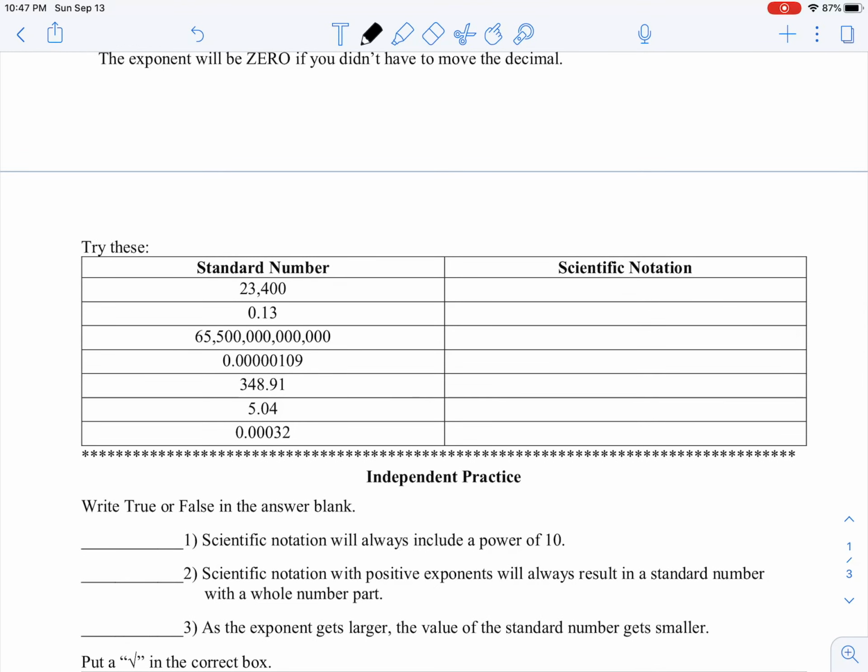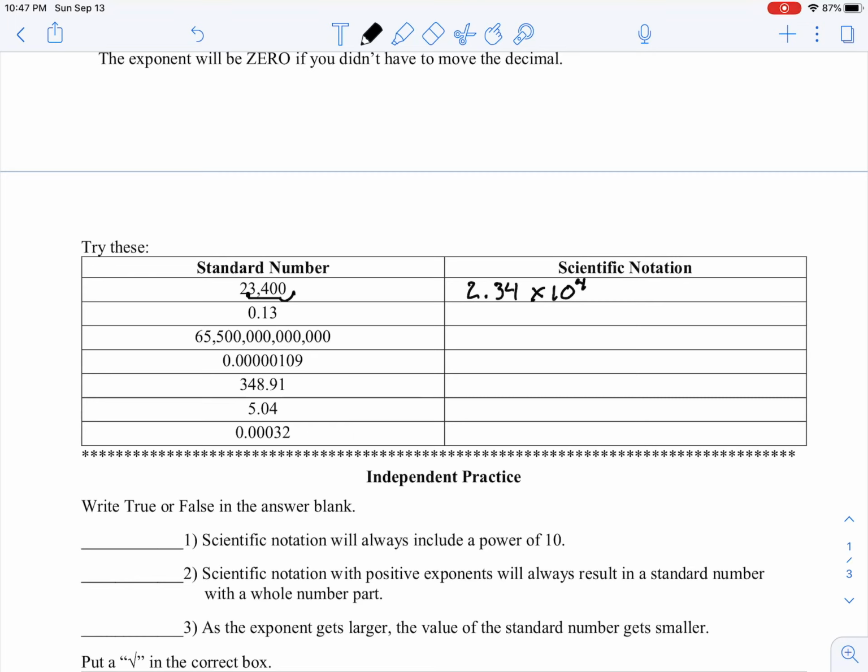So we're going to try a few of these here. So to change this standard number, 23,400, into scientific notation, well, we're just going to get that number in between 1 and 10, which in this case will be 2.34. We're going to be multiplying that by some power of 10, and let's figure out what our exponent needs to be. So to get back to where we started here, we'd have to move our decimal 1, 2, 3, and 4 spots.